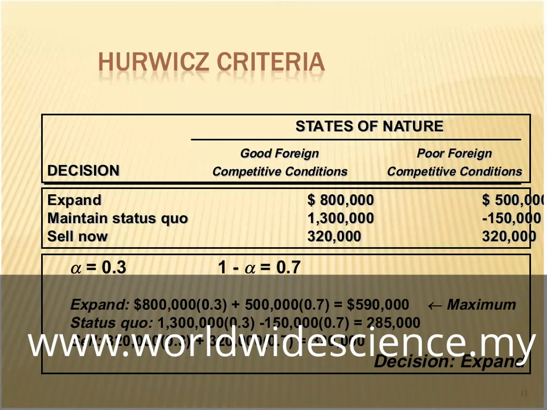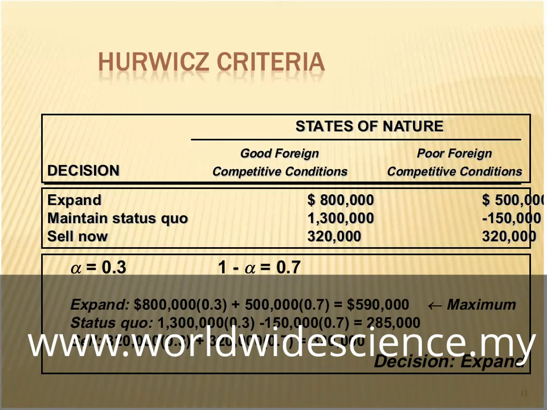So among these new numbers, which one is the maximum between 590,000, 285,000, and 320,000? The 590,000 is maximum. It's a general method for all of the decisions, for all of the states of nature.